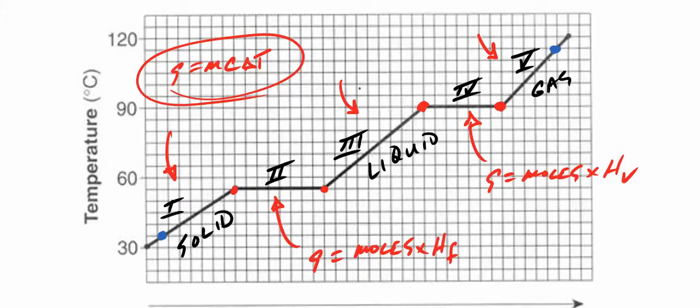And then you're going to go back to Q equal mc delta T to determine the amount of heat necessary to go from the liquid gas interface to the blue dot that I've shown here, the heated gas.